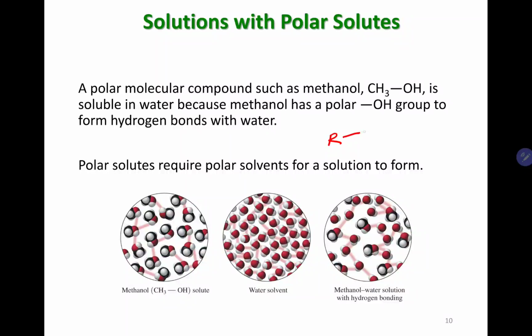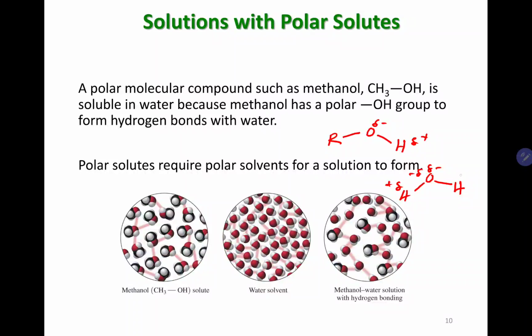So let's call it R. But look at the OH group. It resembles the OH group of water. And the oxygen pole will be partially negative, hydrogen pole will be partially positive. So this OH group on alcohol can easily interact with water molecules. Why? Because water also has a negative pole on oxygen, and a positive pole on hydrogen.